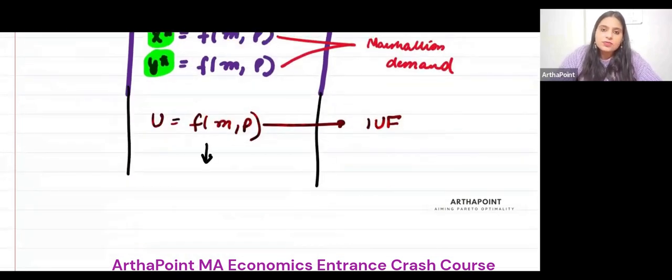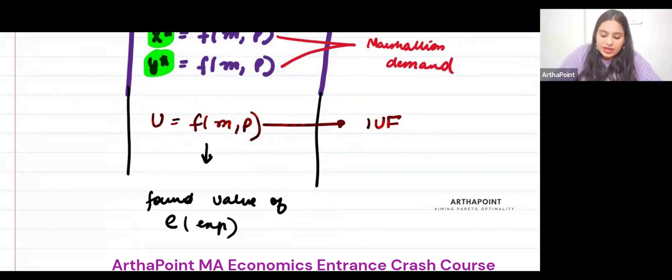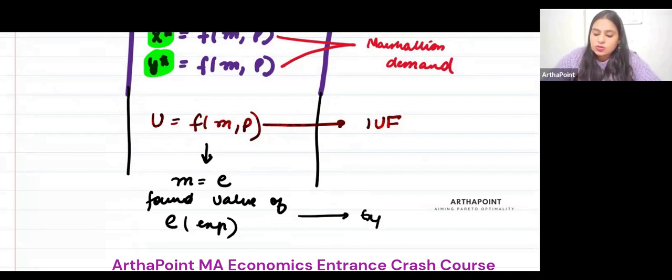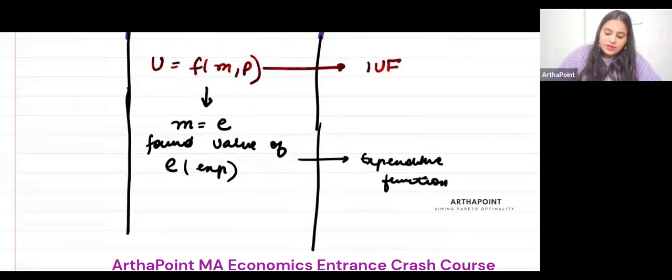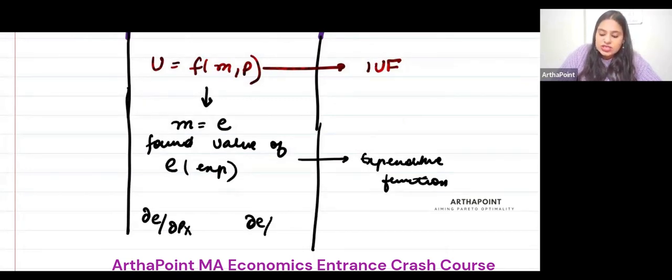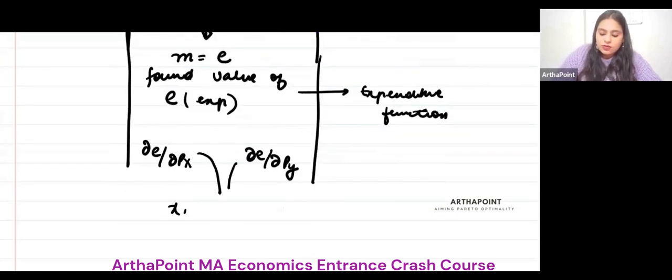From here, we found the value of E, that is expenditure, by equating M equal to E. This was called the expenditure function. Finally, we differentiated expenditure with respect to PX and with respect to PY, and what we got was the Hicksian demands.